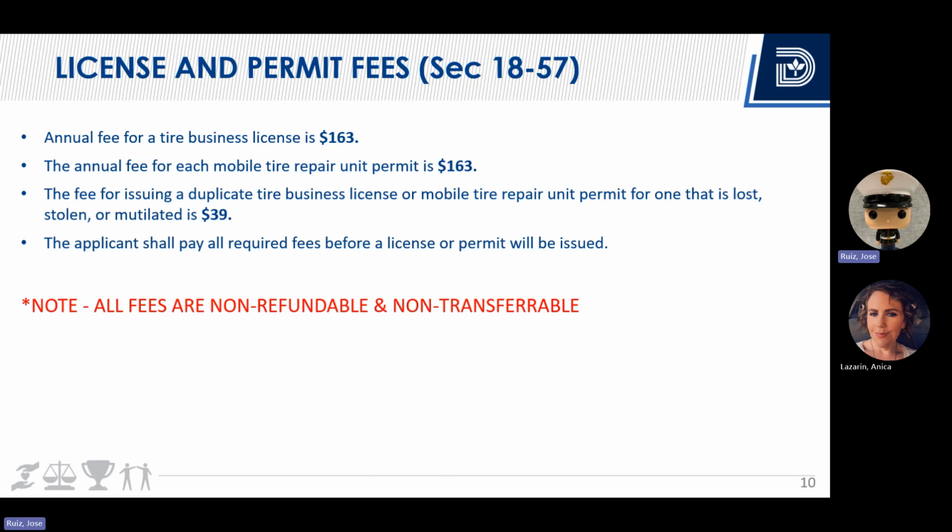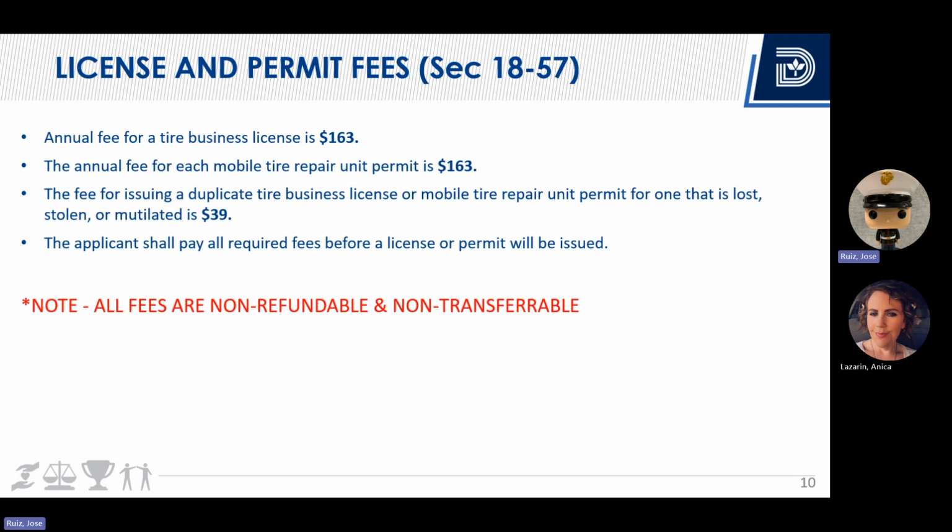But here's the example that normally happens. I'm going to use me and Annika as an example. Let's say Annika owns Annika's tire shop. So Annika has all her permits, but then she sells the business to me. So now I'm Jose, I'm the owner, but I decide to keep the name as Annika's tire shop. But I never update the certificate of occupancy with building inspections to reflect me as the new owner and keeping the name the same.